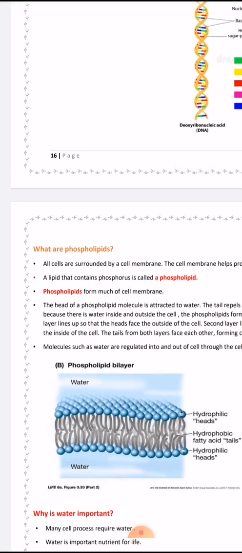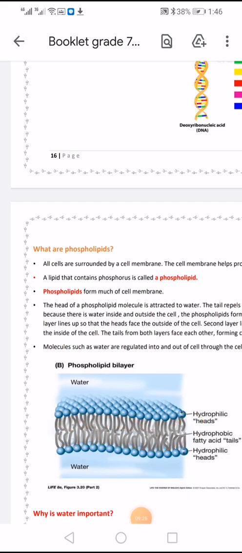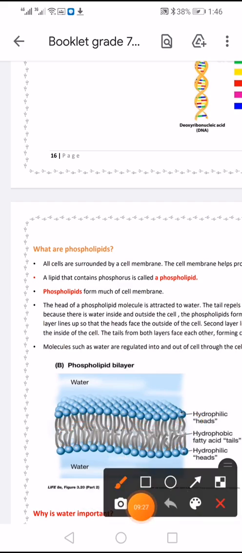A phospholipid is a lipid, or fat molecule, that contains phosphorus. The head attracts water, while the tail repels water, and the bilayer is made up of a double layer of phospholipid structure. Look, this is a double layer. That's it. Thanks for watching.